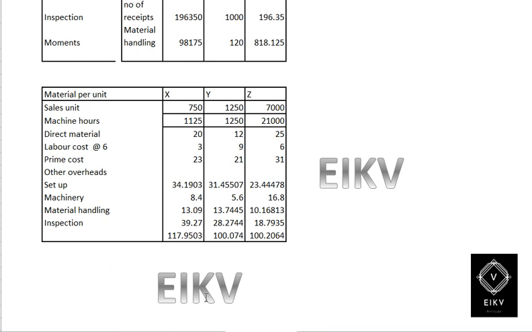So guys, all the activities shall be computed, and the cost of each activity per unit shall be calculated: cost per driver multiplied by the cost driver quantity for the unit, divided by total units produced.